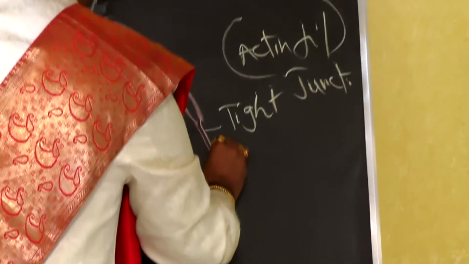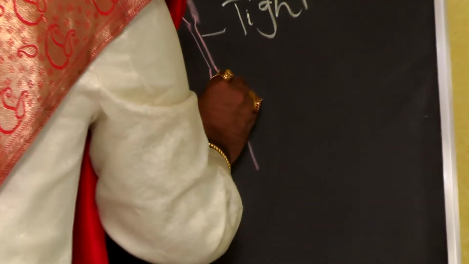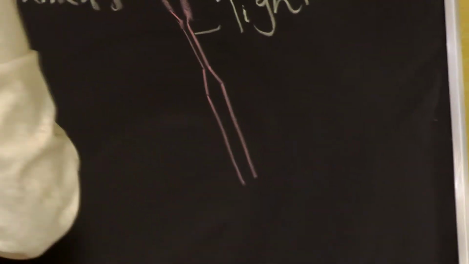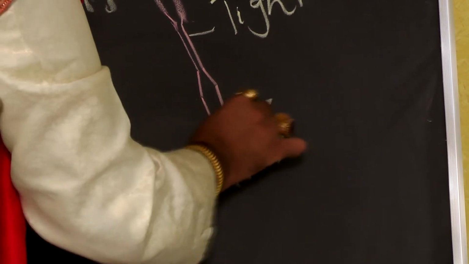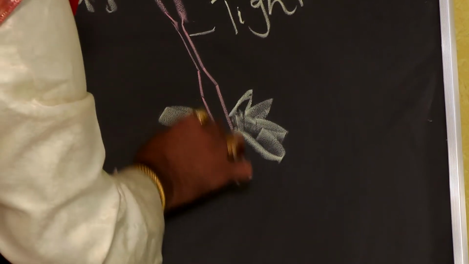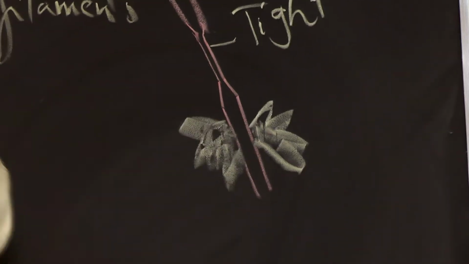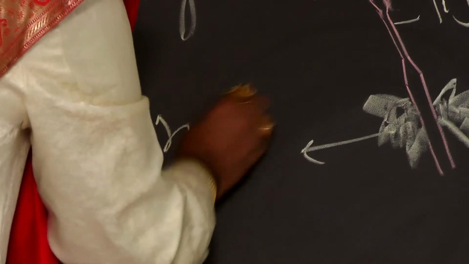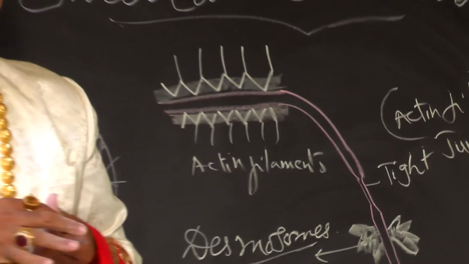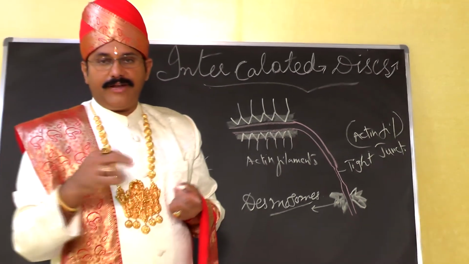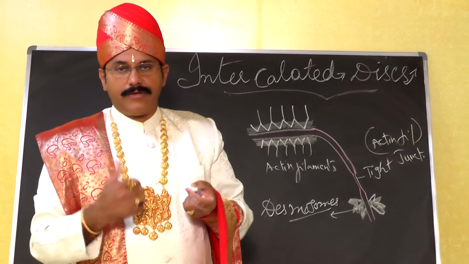Then we have the desmosomes. What you are seeing here is nothing but the desmosomes. Now what are they doing? The desmosomes link the fibrils between the adjacent myocytes.